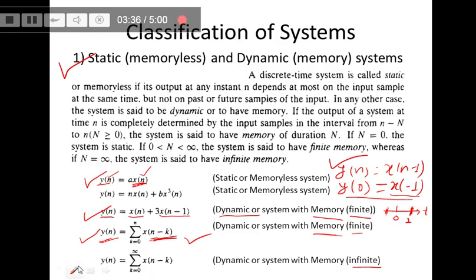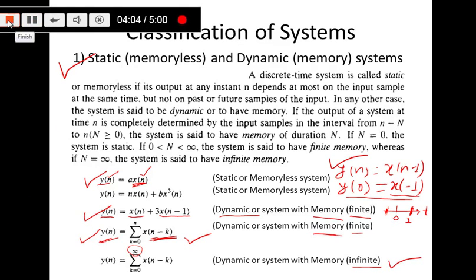But in the case of an infinite dynamic or memory system, the system needs to store an infinite number of past values, because we see that the output at n depends on the input from all the previous values, from k is equal to 0 to all initial infinite values. So this is the case for static and dynamic systems.